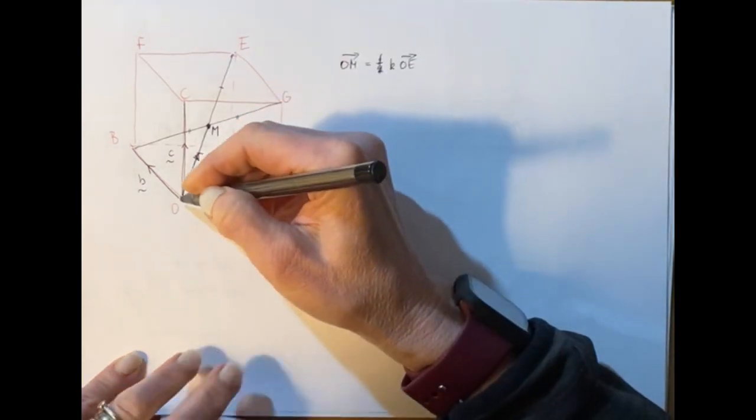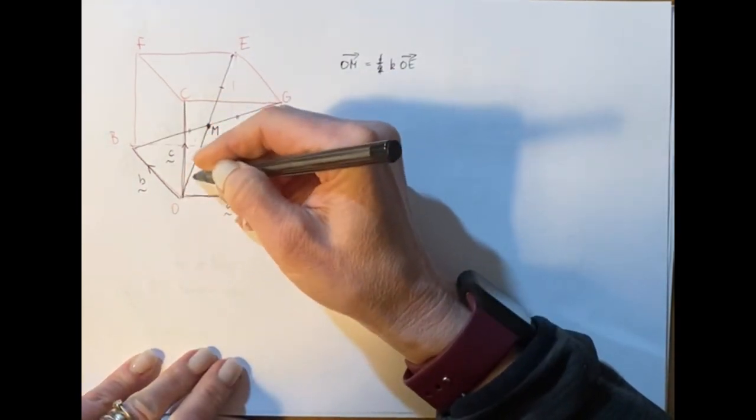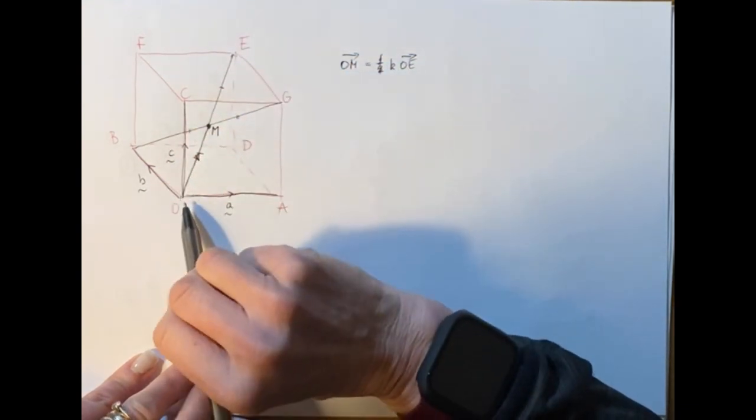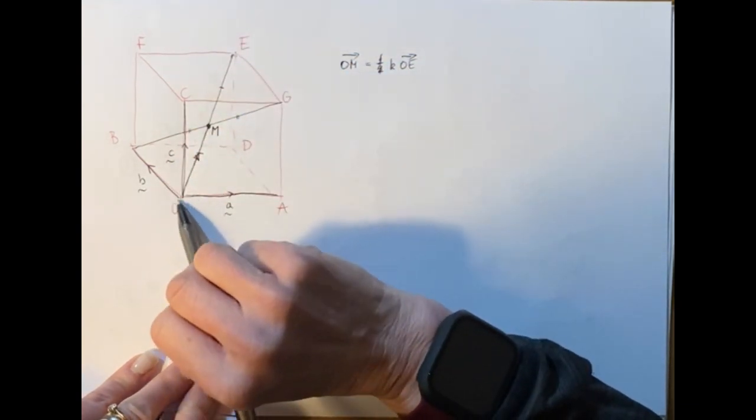Okay, so now I need to find a way of expressing OE in terms of our other vectors that we know. So imagine we only know the little letters.